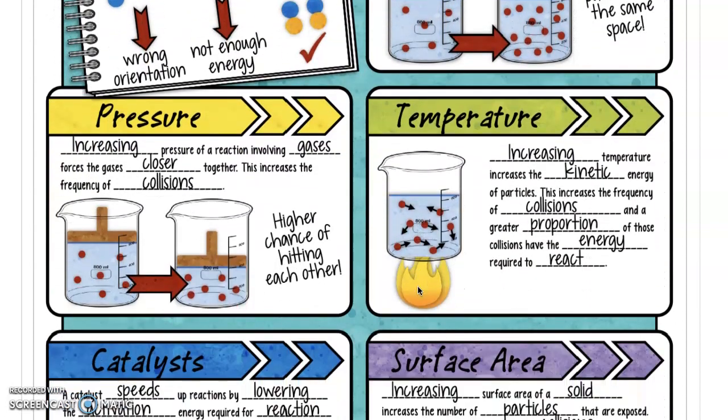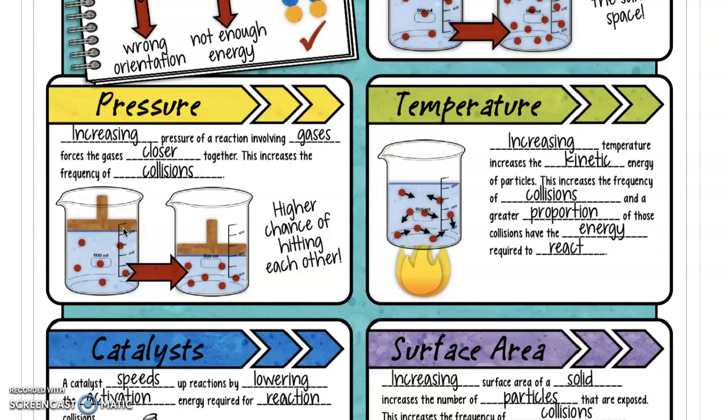Pressure. If you remember last year, and I think we might have even done it this year, we get out the plastic syringes and you put your finger on the end and you can press down on the plunger and compress the oxygen and the gases, the air that's inside the syringe. The same thing can be done if you're wanting a chemical reaction to happen, if you compress gases and have the particles closer together.